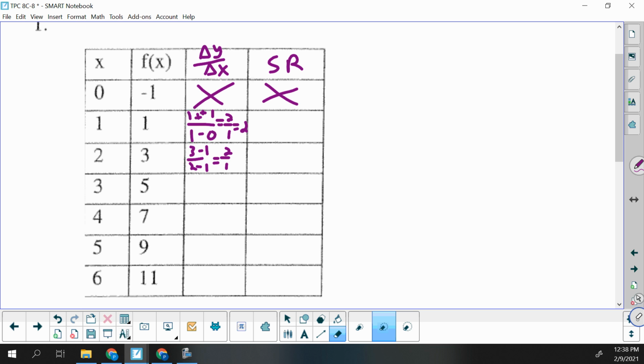So that's 2 over 1, which is just 2. Next, we'll do 5 over 3 minus 2, which should give us 2. And if we keep going, we're going to find that it is 2 each time.